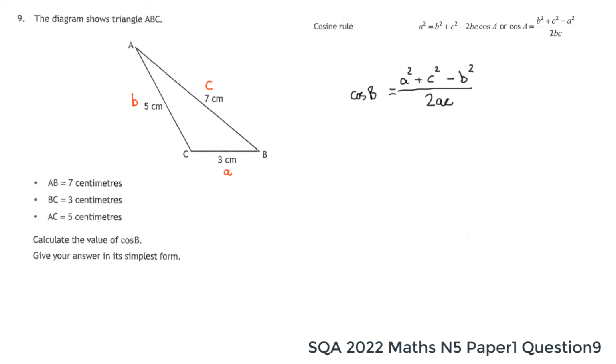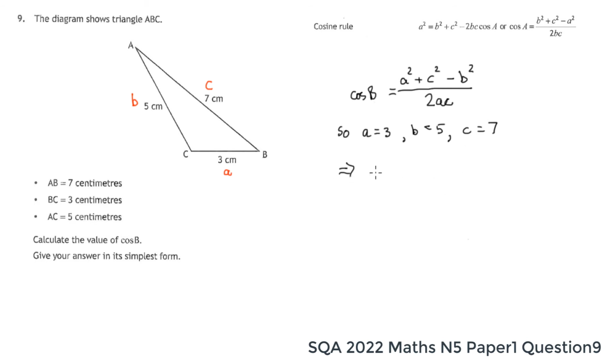So in this case, we know now the values. A is 3, B is 5, and C is 7. And we have to substitute these values into the formula.